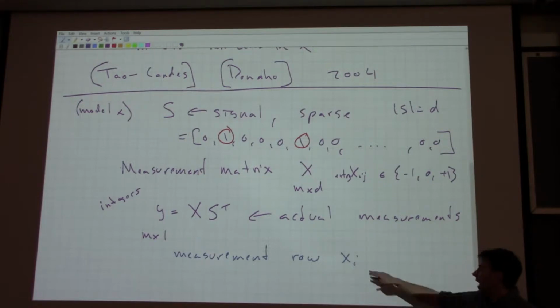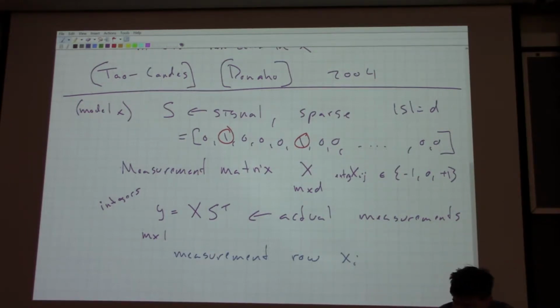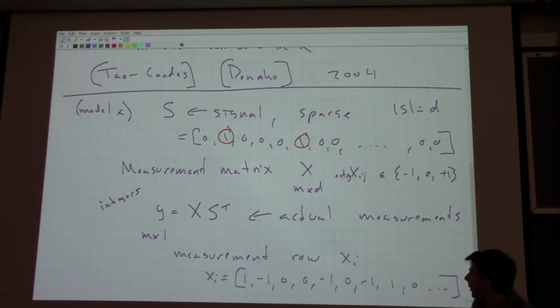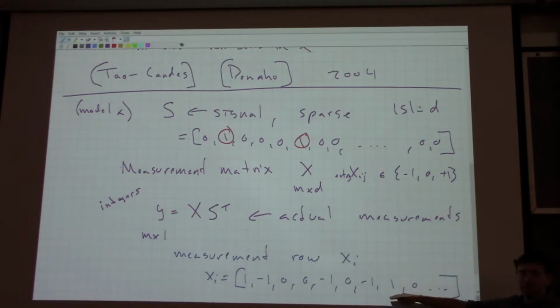So this is the ith row of X. In my example, maybe this is going to be 1, minus 1, 0, 0, minus 1, 0, minus 1, 1, 0, and so on. So these are minus 1s, 1s, and 0s in this case. And it turns out you're going to want to pick these values at random.